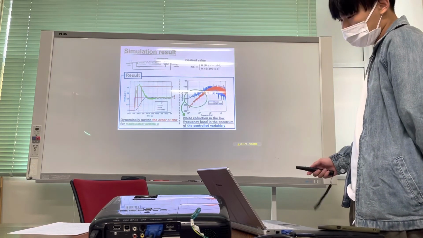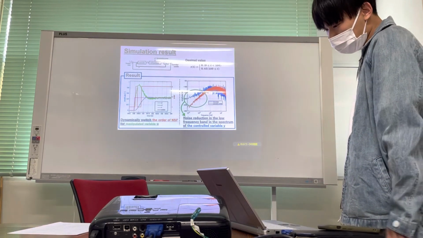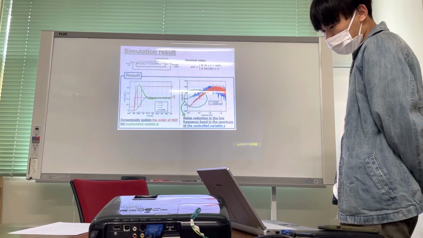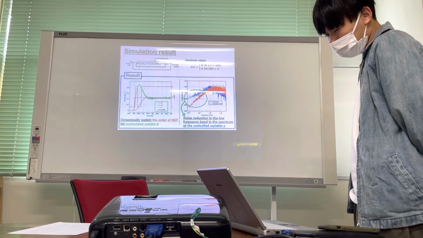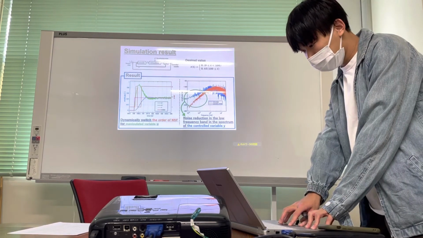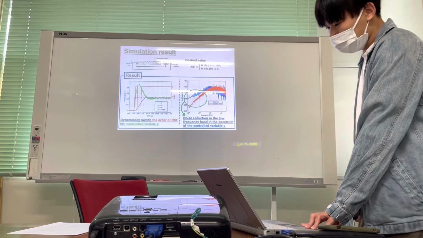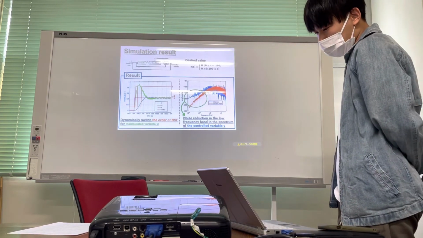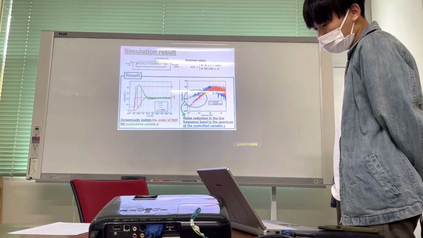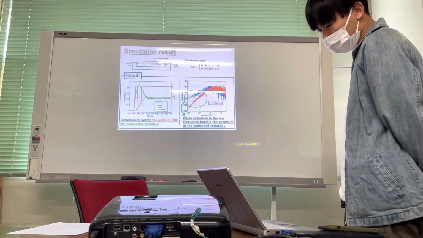The graph shows the controlled value, manipulated value, desired value, and filter order. Looking at the graph, we can see that the order of the filter is dynamically switched according to the manipulated variable.